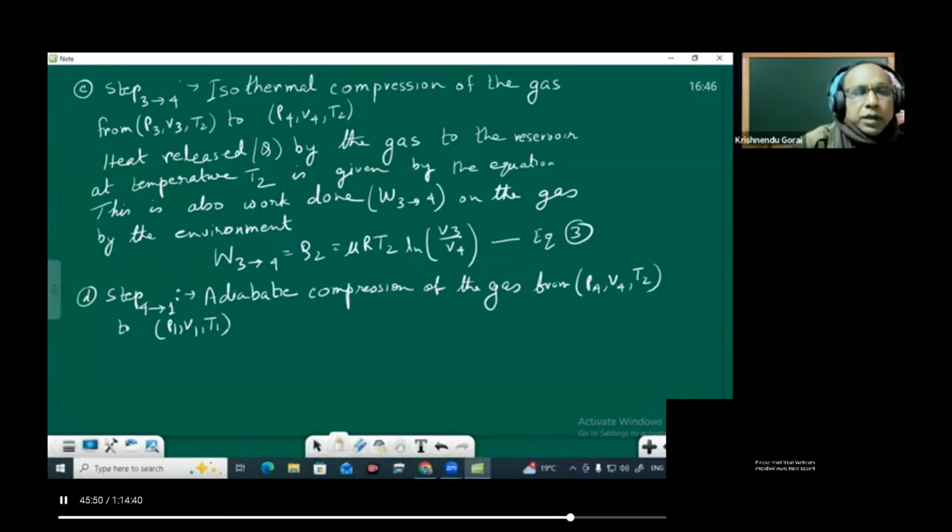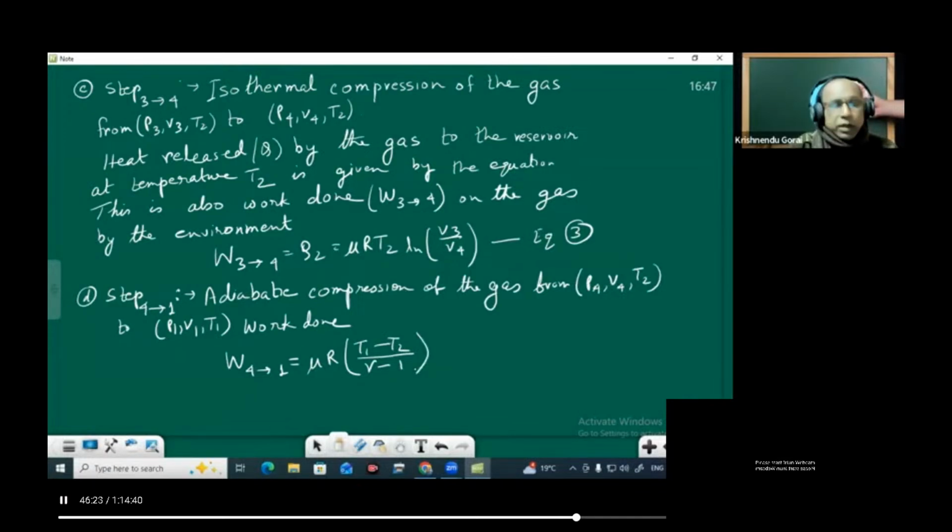So the work done will be W 4 to 1. What is the value? The value will be mu R, T1 minus T2 by gamma minus 1.